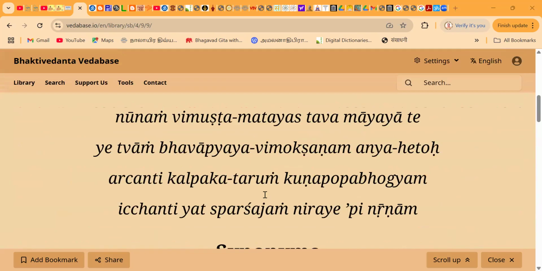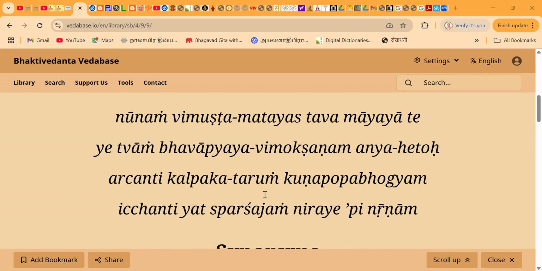In one sense this body has no life; it is as good as a dead body. Through this corpse-like body, kunapopabhogyam, of the human form, such people icchanti, they desire happiness arising from sense objects, sparshajam.